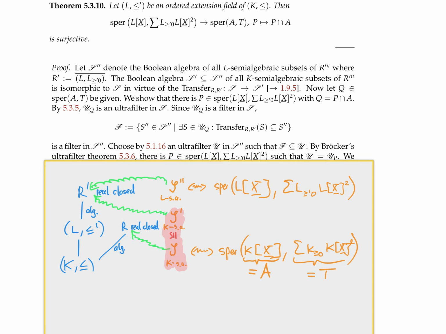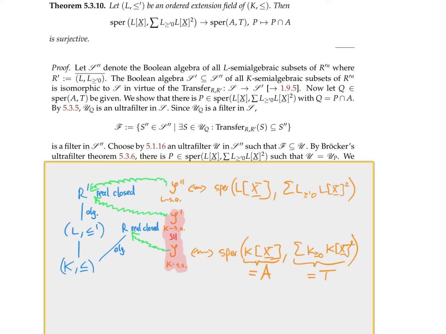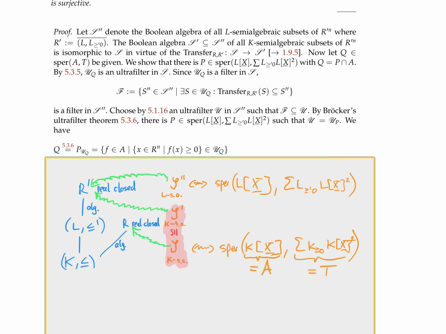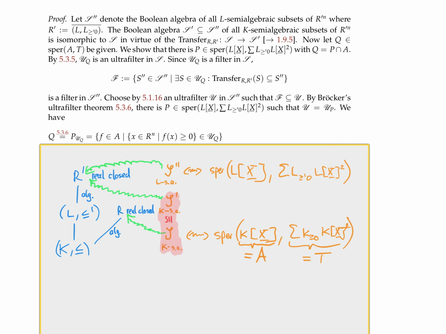I get with Brecker's ultrafilter theorem, now I'm here, and then with Brecker's ultrafilter theorem I can go here, so I get a P in the real spectrum here, such that U equals UP. So we have that Q is PUQ by Brecker's ultrafilter theorem.